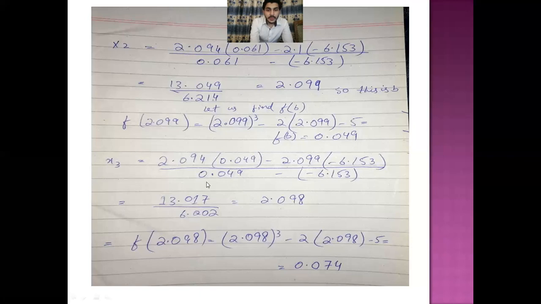So now we have to multiply them and subtract. The answer is 13.017 upon 6.202, and then I have divided them. The answer I have got 2.098.